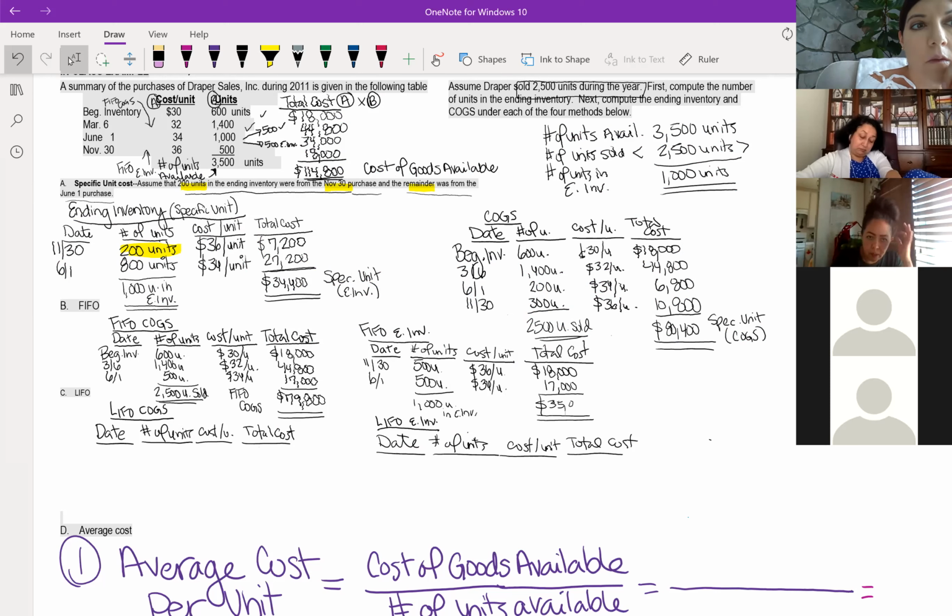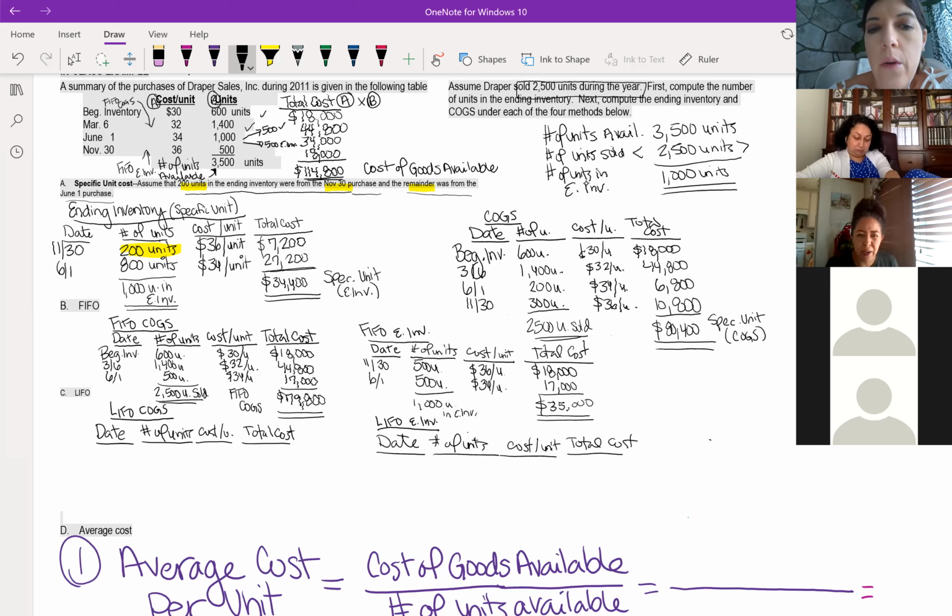Professor Wade, about the June 1st number of units, the 500, I supposed to have the leftover 300 because I supposed to use the 500 and just have the 300 left.